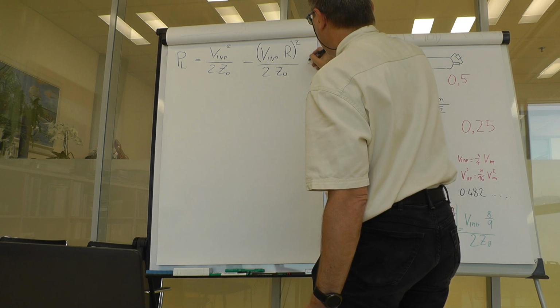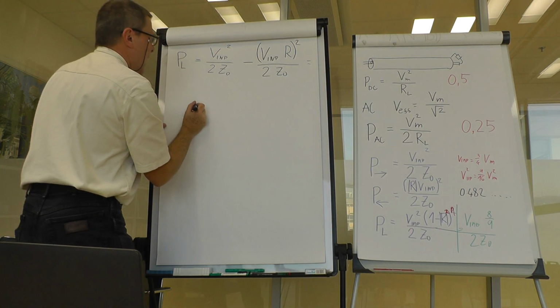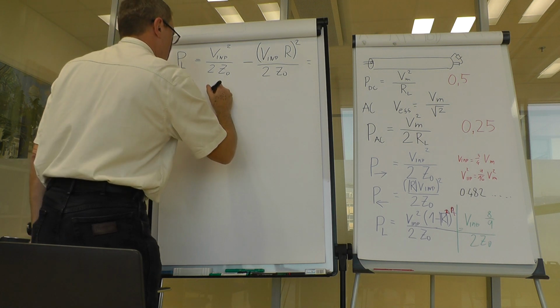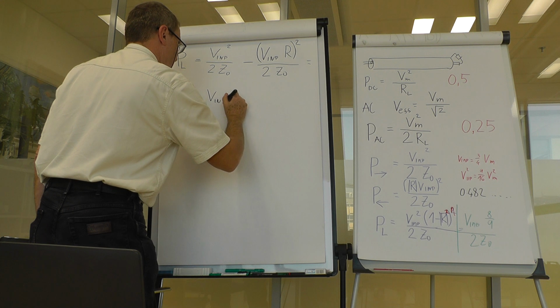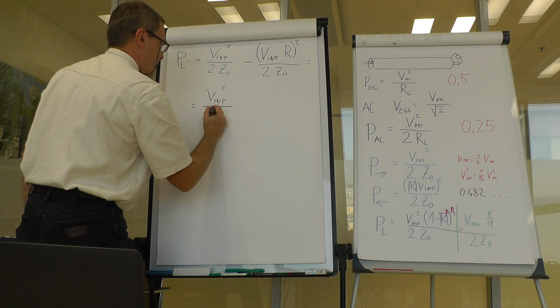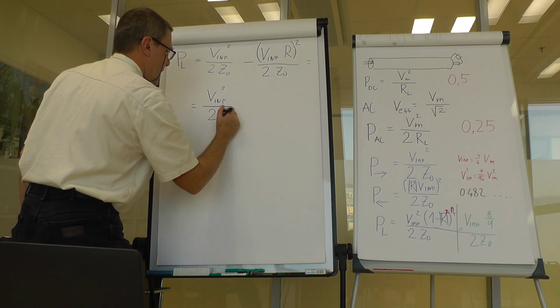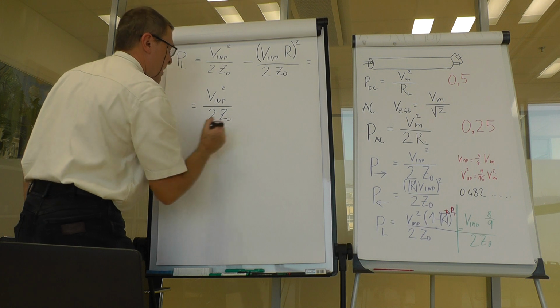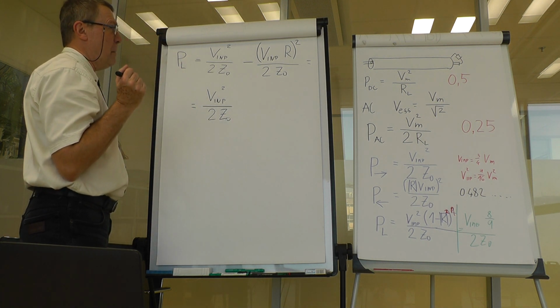And this could be rewritten like, first the magnitude of the voltage at the input squared, divided by two characteristic impedances of the line.